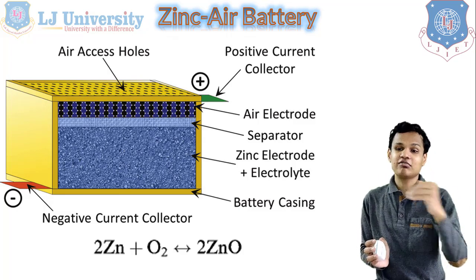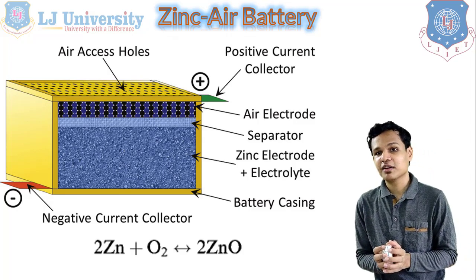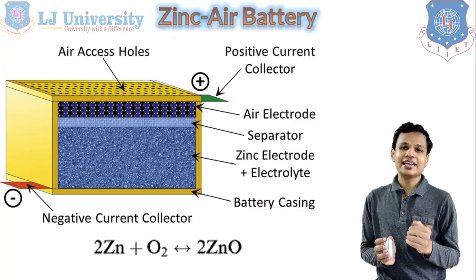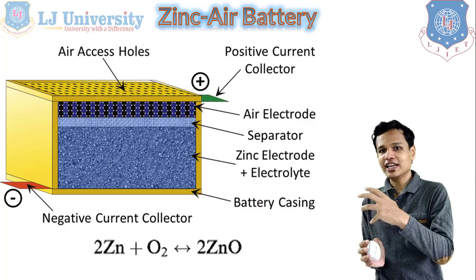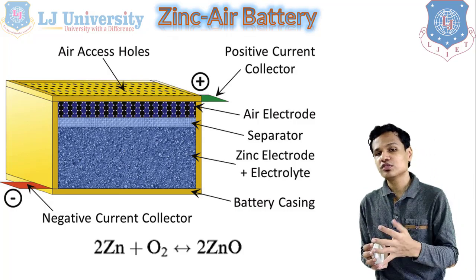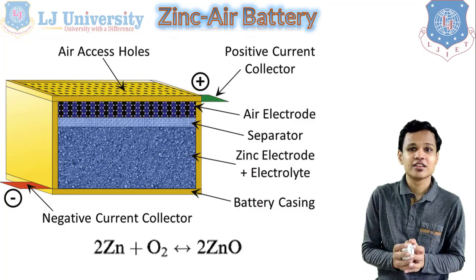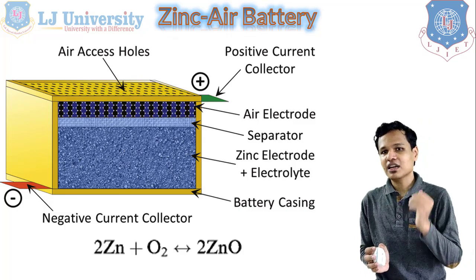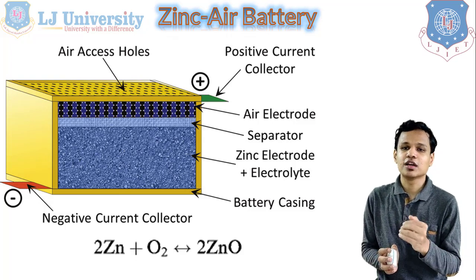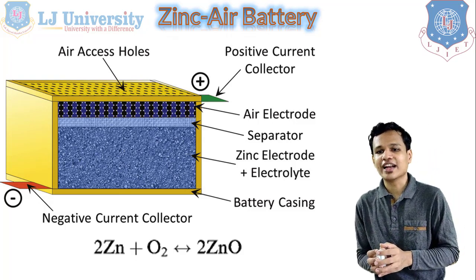Now the separator will have to be provided in between them, otherwise the air and zinc will mix from the start. The air electrode is either unidirectional, which means the air can flow only in one direction, or it can be used as a bidirectional flow as well. The chemical reaction will be very simple, that is 2Zn + O2 gives 2ZnO.